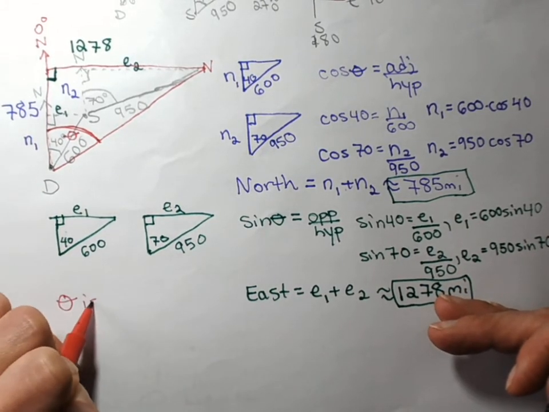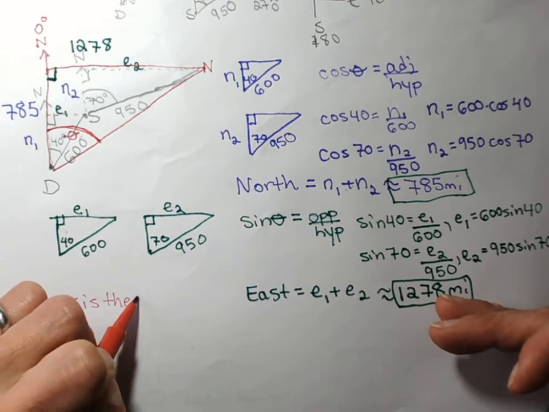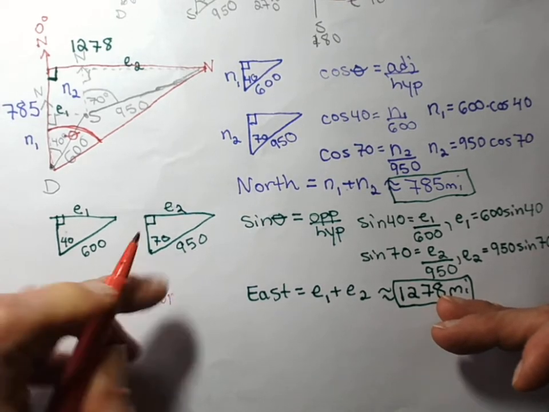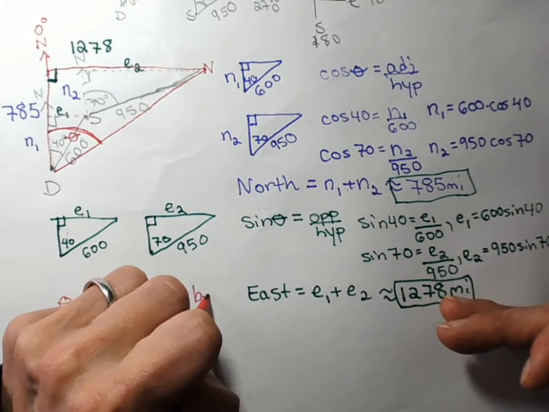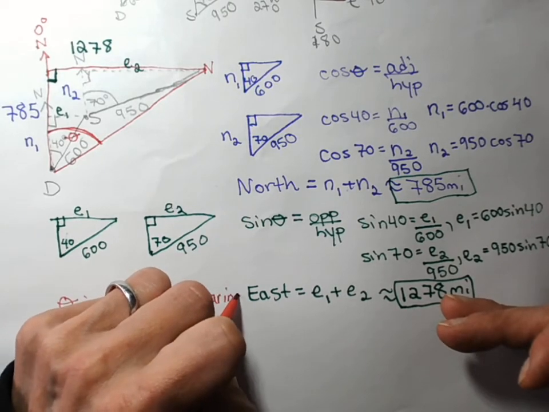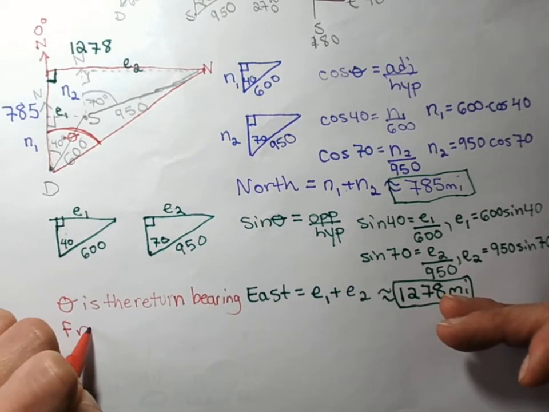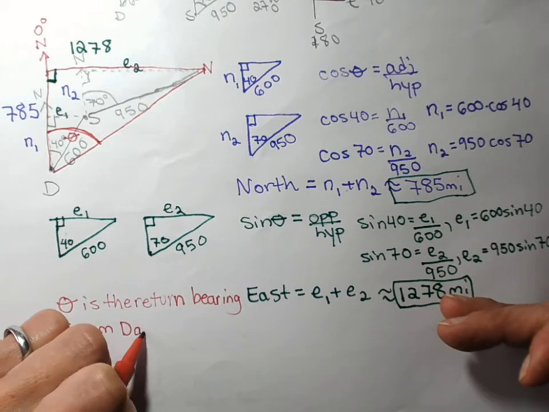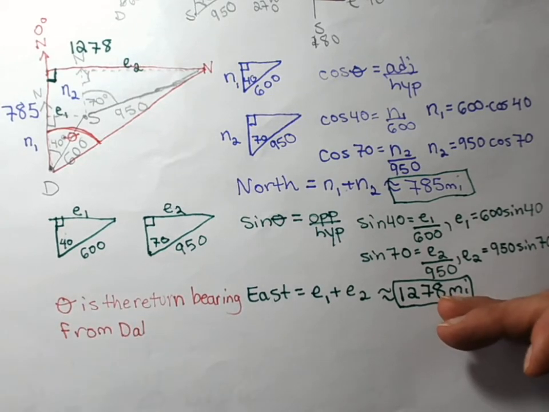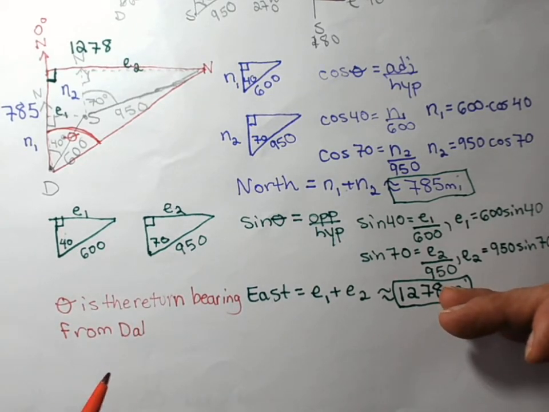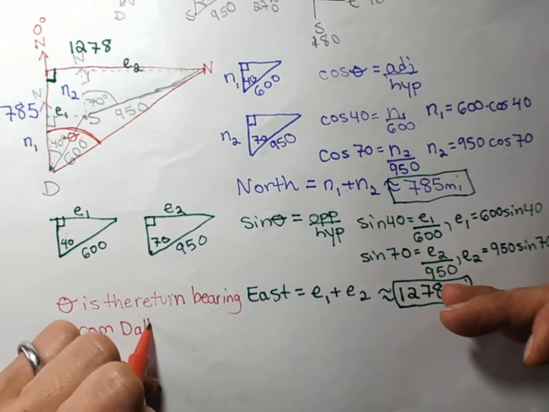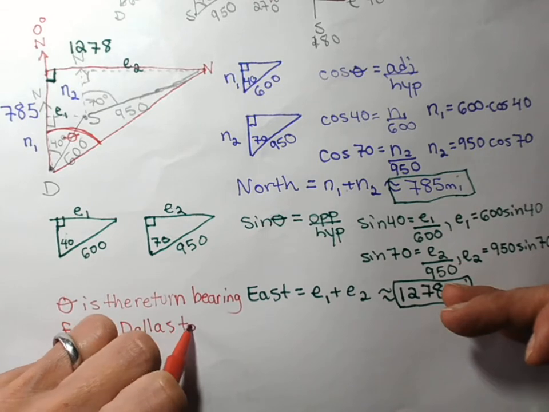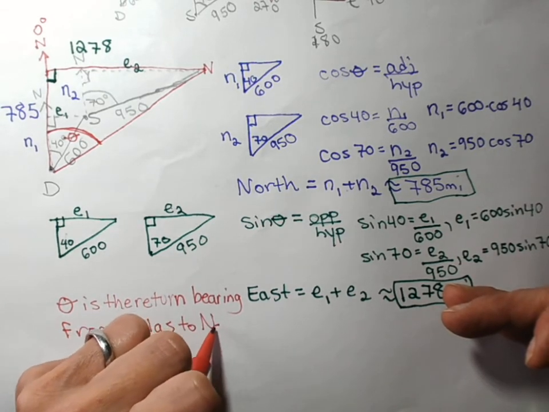Theta is the return bearing from Dallas. Oh, I'm sorry. This would be the return from Dallas to New York.